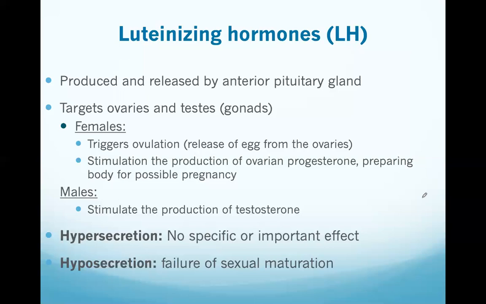So if the testosterone level is low in a male, the secondary sex characteristics will be absent, as well as many other features. In females, the chances of ovulation would be pretty low because the egg will never be released. And even if the egg is present, the chance of the uterus being ready for pregnancy might be limited.